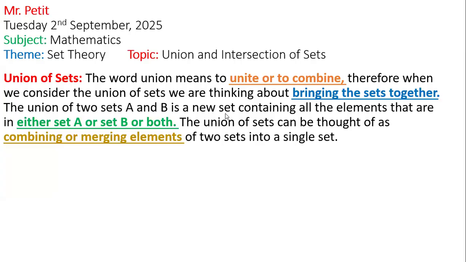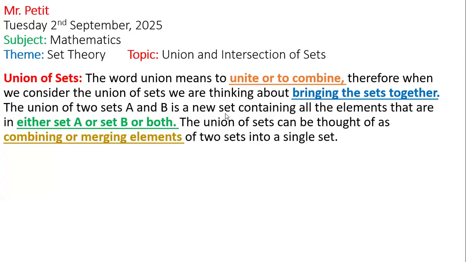Brene, where's Brene? What are some words that come to mind when we think about the union of sets? What does union mean? The word union means unite or combine. Very good.